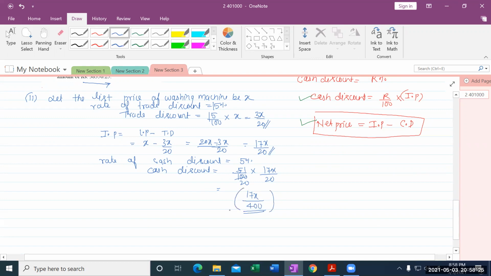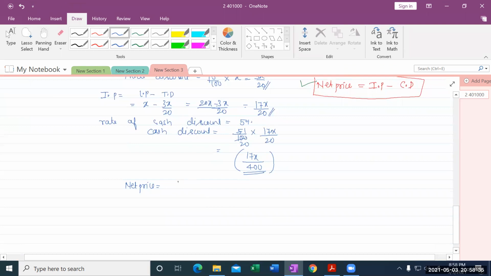This is the discount. Now I will write the net price. Net price is my invoice price minus cash discount.